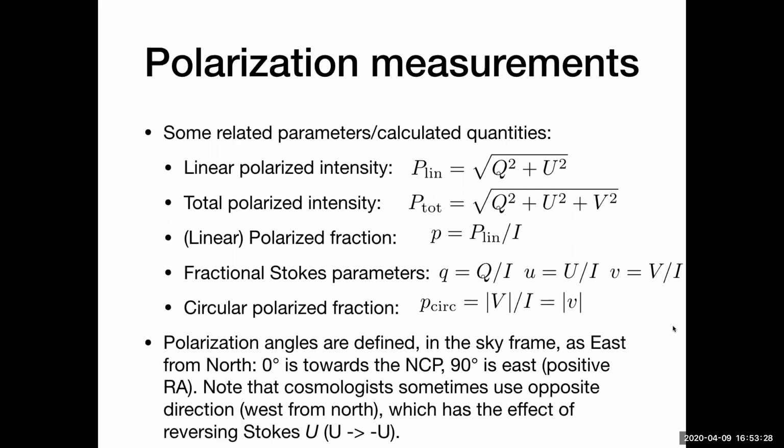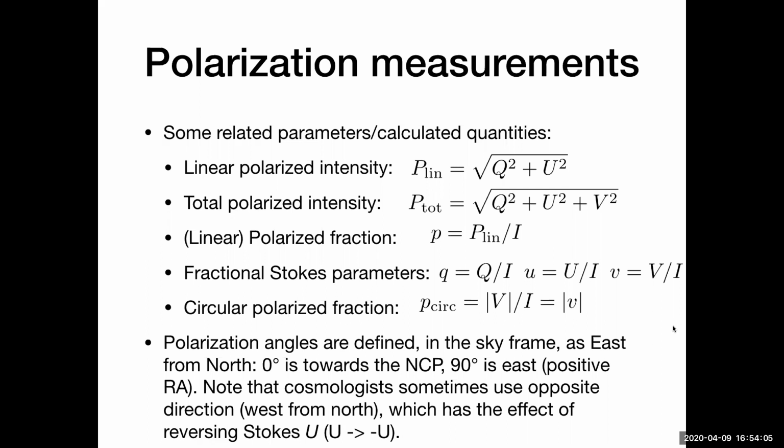One thing that I have not brought up until now is the issue of coordinate systems in polarization. Your antennas, if you have an X and Y dipole, are fixed to your instrument, to your telescope, which may not match up with the orientation of the sky. You can have parallactic angle effects, which I discussed previously, where the sky is rotating and that changes the relative angle of your object relative to your telescope sitting on the ground.